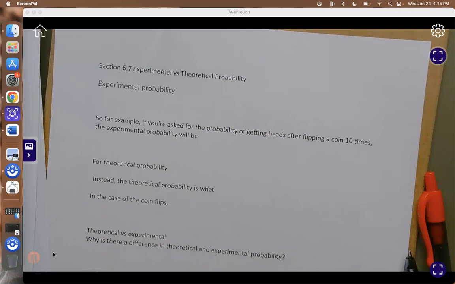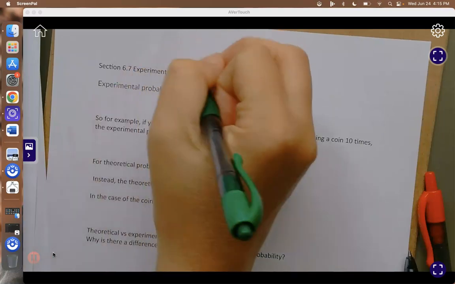Alright guys, today we're going to be looking at section 6.7, experimental versus theoretical probability. So let's start out with the definition of experimental probability.